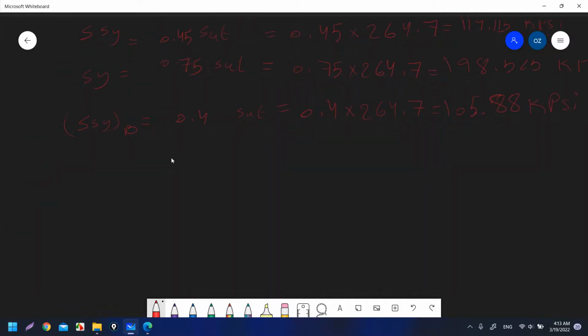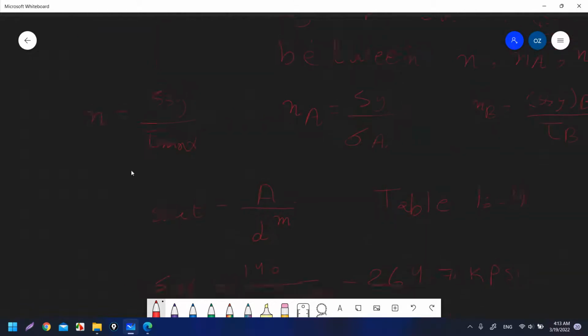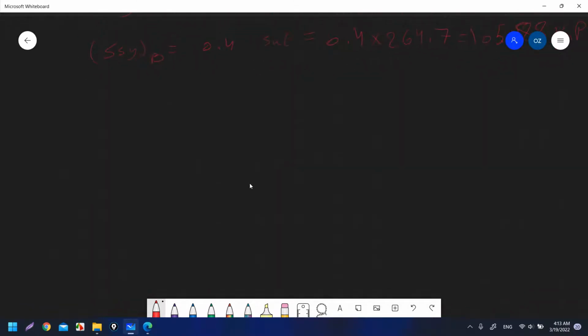Now we want to find tau max, sigma A, and tau B. For tau max, the equation is KB times 8 times F max times D over pi D cubed. We already have everything.